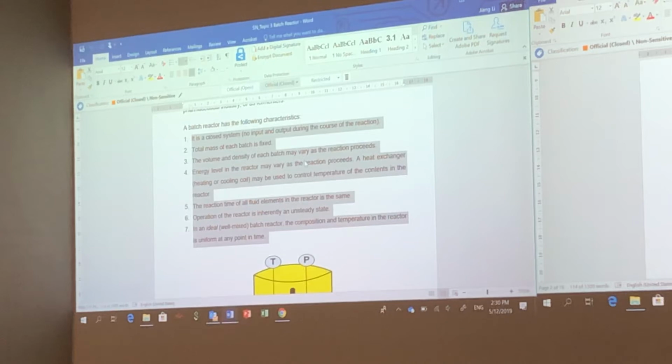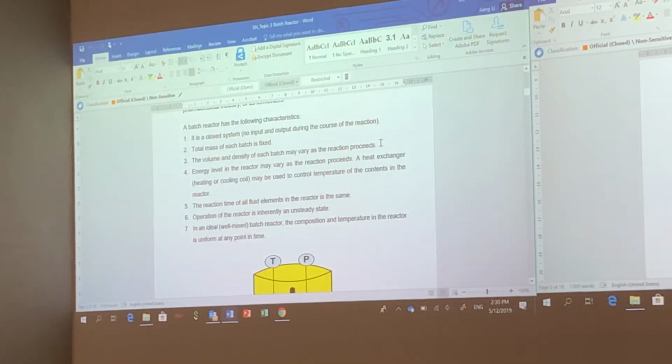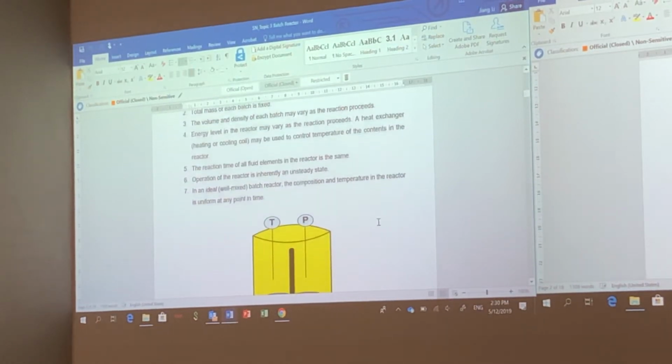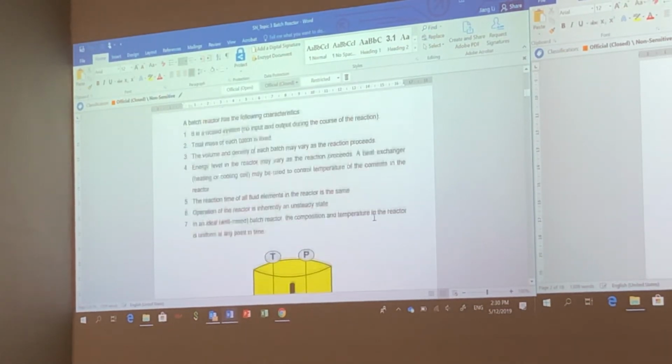It's a closed system. Total mass of each batch is fixed. The volume and density may vary. Energy level, reaction time, and operation are unsteady state. Try to give at least 4 points.